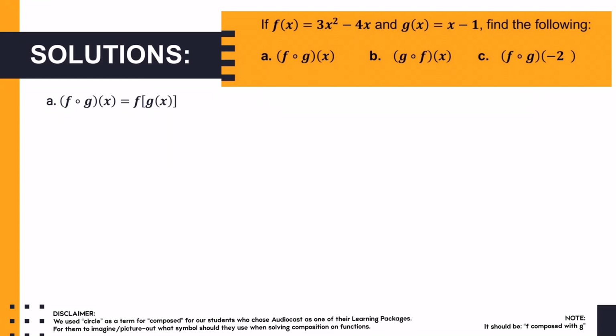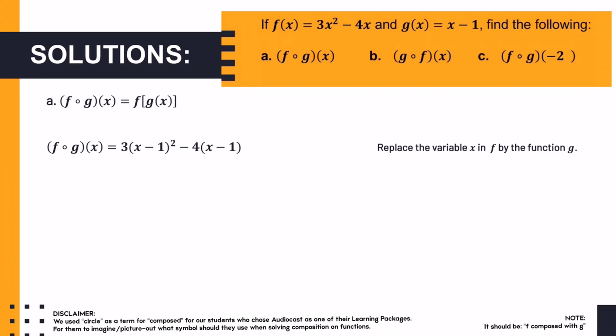Next, write the respective value of the function f. Then replace or substitute all the variable x in the function f by the function g. F circle g of x is equal to 3 times the quantity x minus 1 squared minus 4 times the quantity x minus 1.